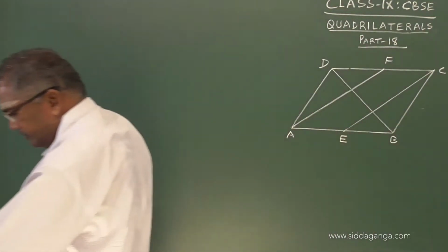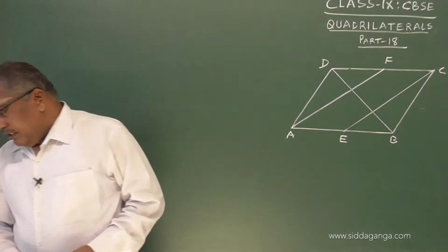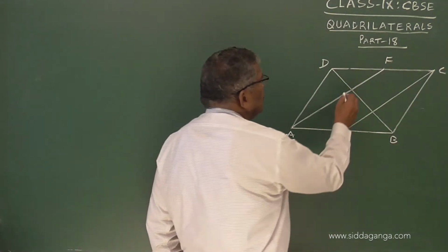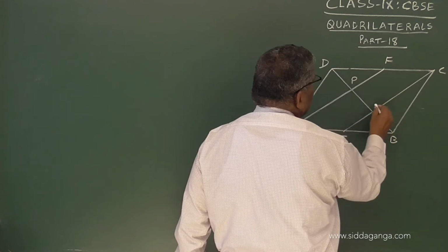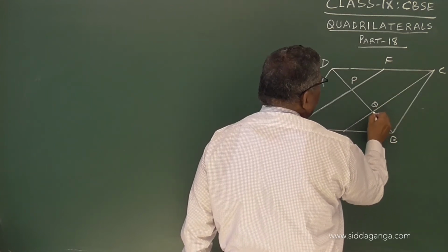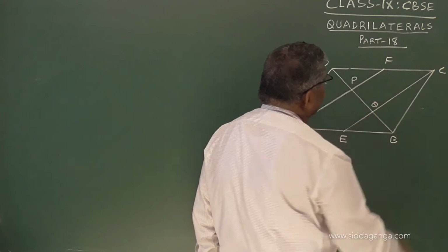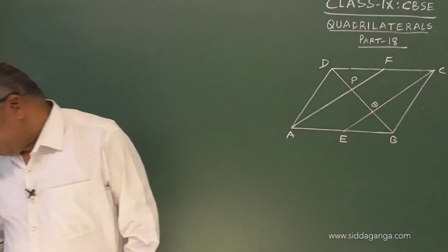The intersection points are, this is P, this is Q. So this is the diagram given.